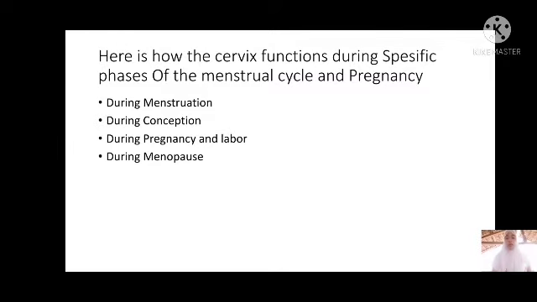So around ovulation, the most fertile part of the menstrual cycle, your cervix nagproproduce siya ng clear mucus, which is tumutulong din para yung sperm is ma-reach niya yung uterus. While during pregnancy and labor naman, during pregnancy, yung cervical mucus, nagtitiken siya para makakreate ng cervical plug that shields the growing embryo from infection.